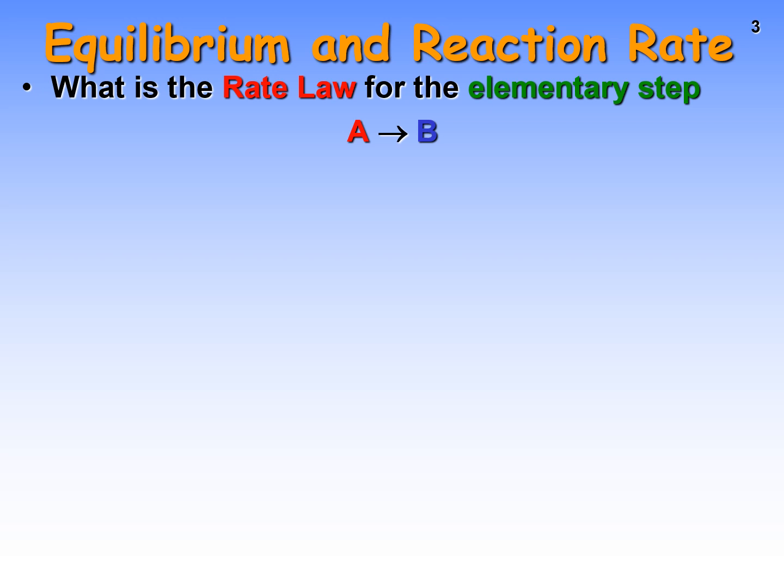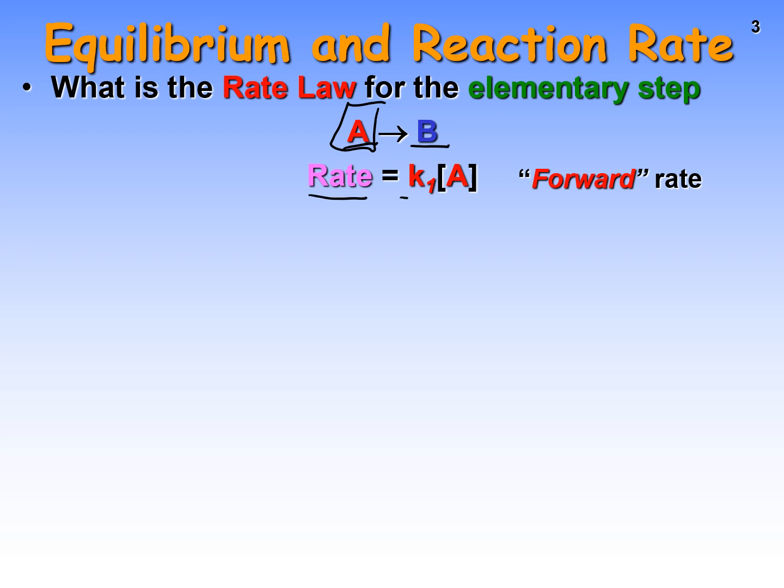A is our reactant, B is our product, so we really only care about the A in this reaction. So our forward rate would be rate equals some rate constant times the concentration of A. If this is my forward reaction, this would be the rate law for the forward reaction, or in other words, our forward rate.